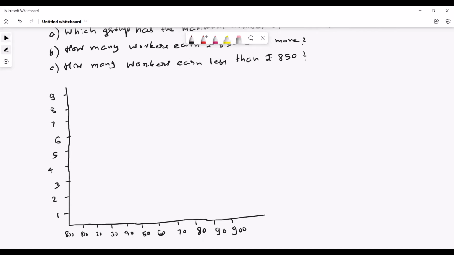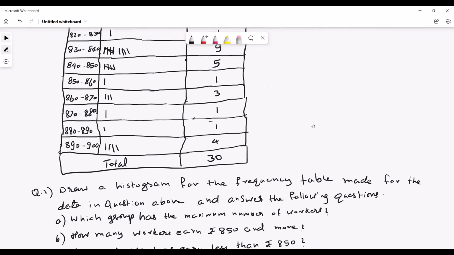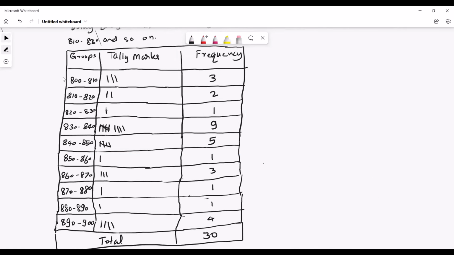In 800 to 810, what is the frequency? So here we are writing the frequency. I'm writing F for frequency, and this will be the groups. In 800 to 810 it is 3.